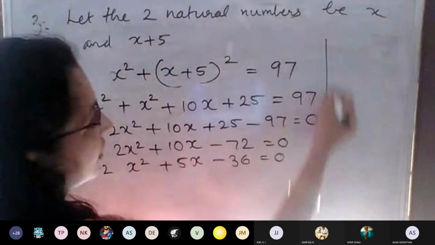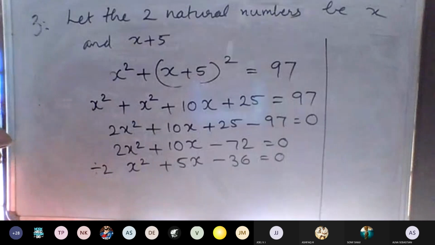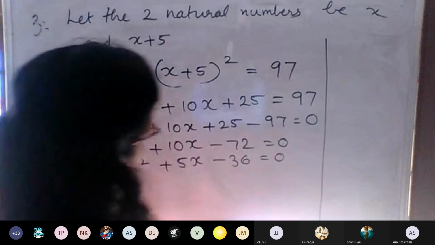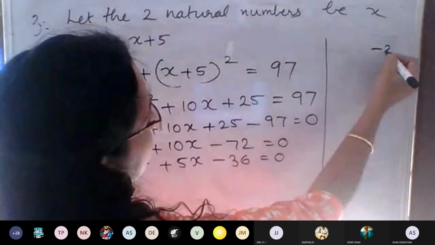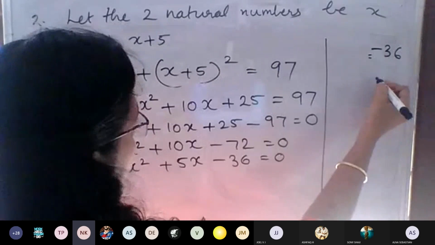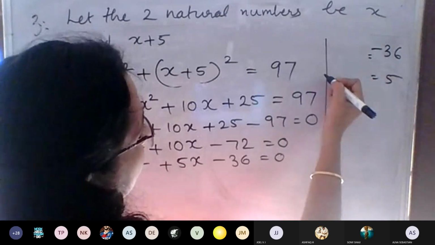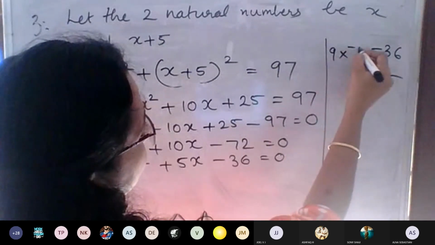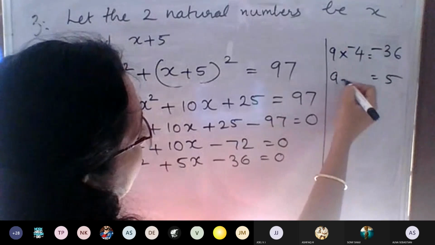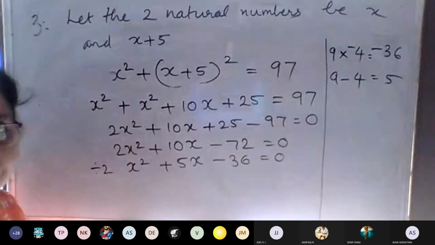Which two numbers multiply to negative 36 and add to 5? Negative 4 and 9: 9 into negative 4 is negative 36, and 9 minus 4 is equal to 5.